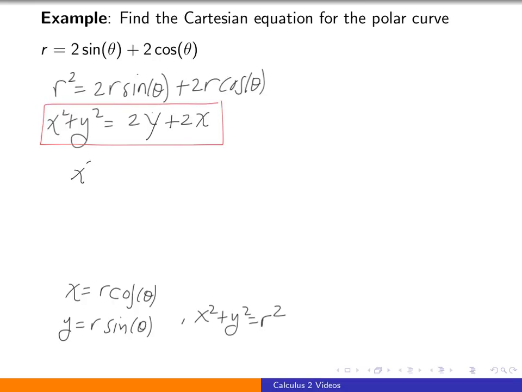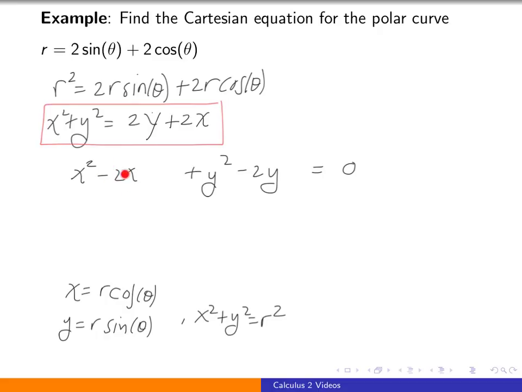We could subtract 2x from both sides, and subtract 2y from both sides. And when you see x squared minus 2x with a blank, y squared minus 2y with a blank, hopefully that suggests that we could complete the square.